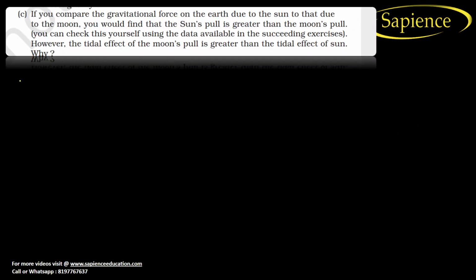This is question number 7.1C. In this, it is saying that if you compare the gravitational force on the Earth due to the Sun and due to the Moon, you would find that the Sun's pull is greater than the Moon's pull.